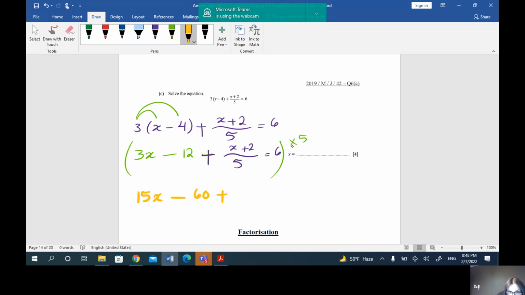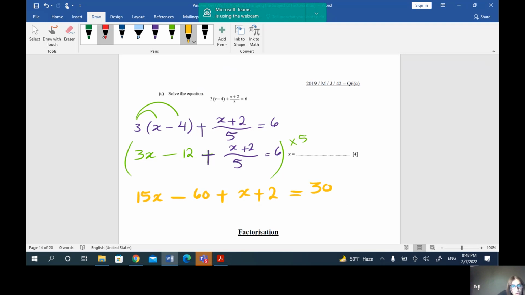Here, the 5 will be cancelled with this 5, so only the numerator is staying, x plus 2, and 5 times 6 is 30.